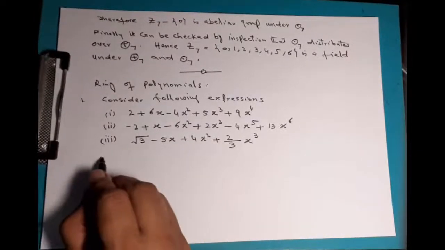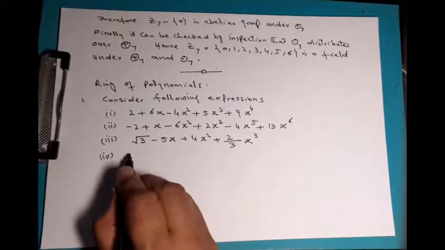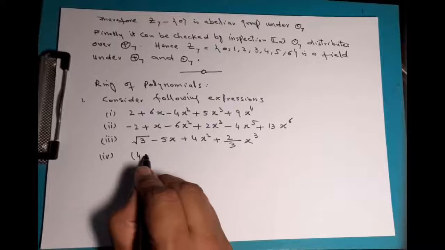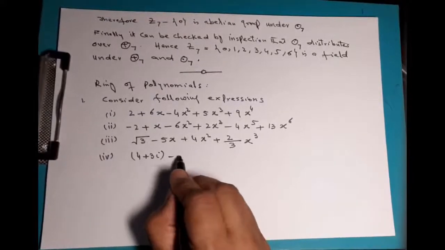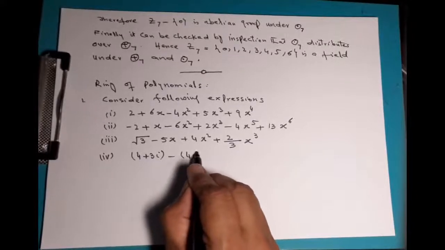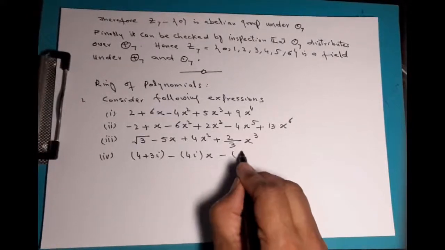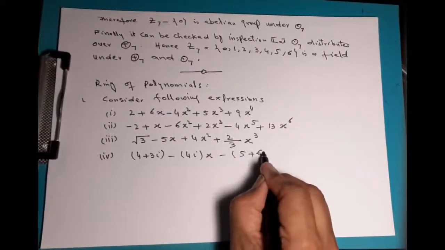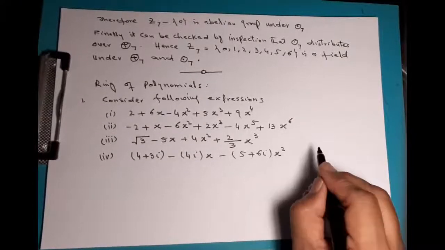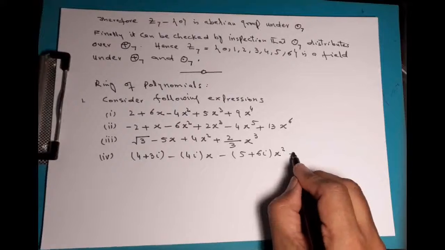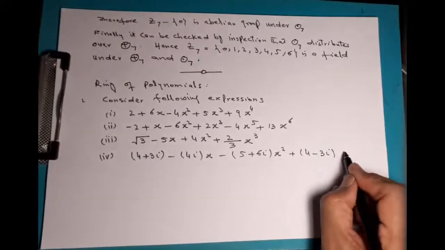And let's consider another expression. Let this be 4 plus 3 iota minus 4 iota multiplied with x minus 5 plus 6 iota multiplied with x square plus 4 minus 3 iota multiplied with x cube.